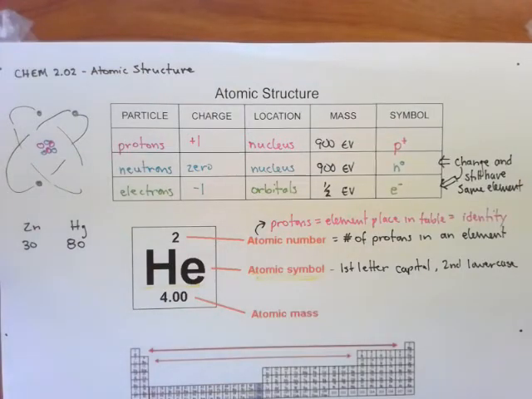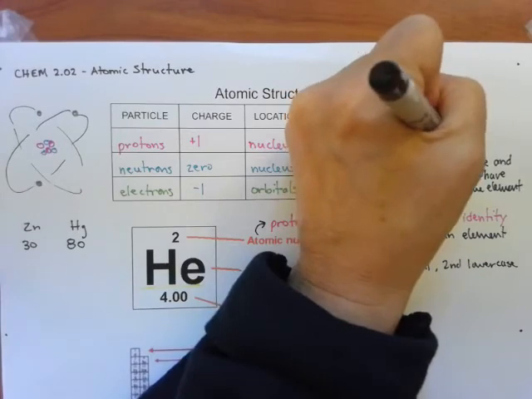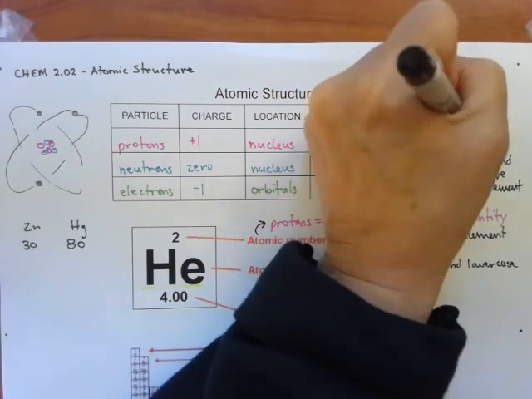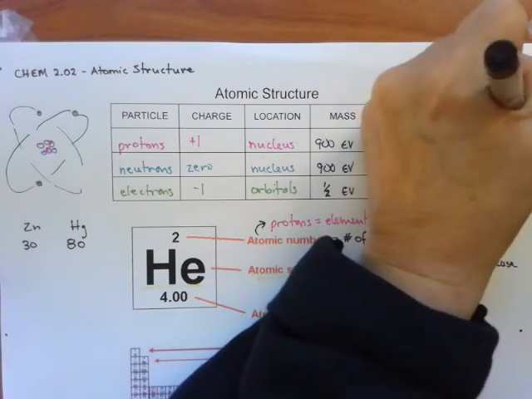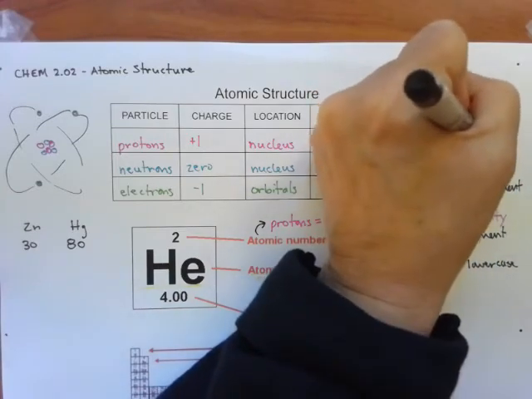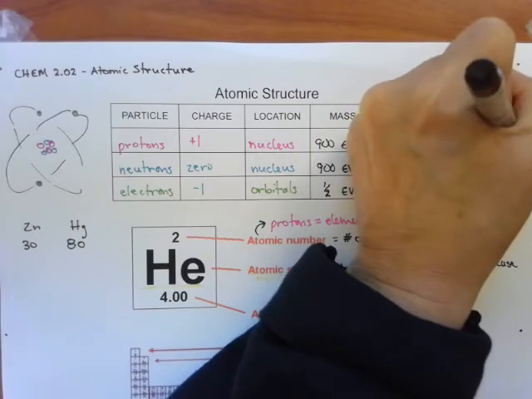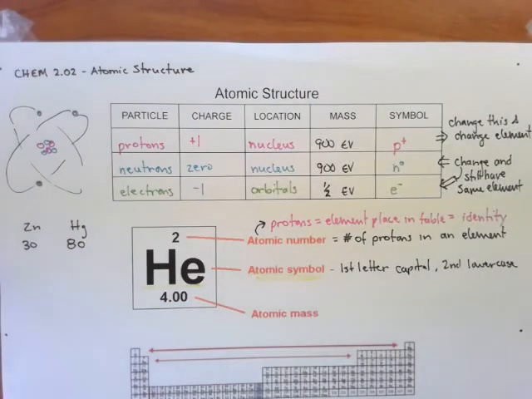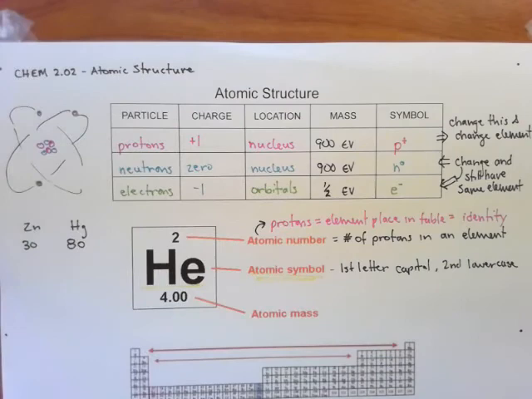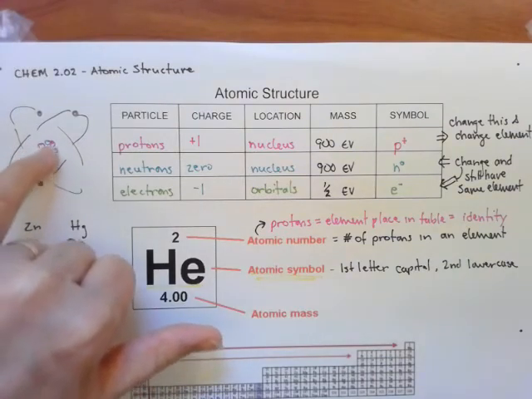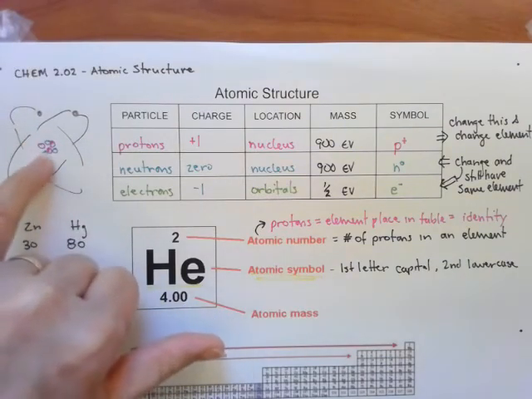But if you change the protons, you change the element. If I take away a proton from this helium, so if I came in here and I kicked one of these pink guys out, this is actually lithium because it's got 3 protons, and so I know that this has got to be lithium.